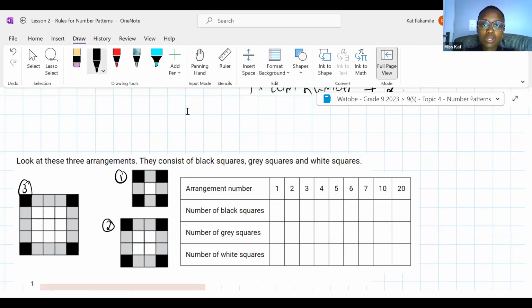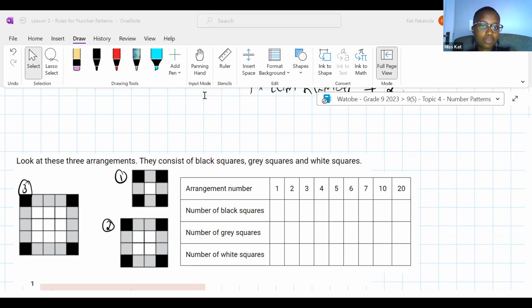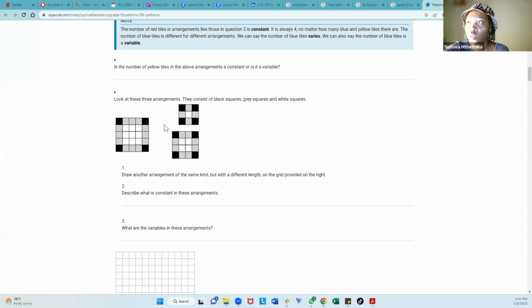So in arrangement number 1, tell me, guys, how many black squares do we have in shape number 1? Oh, let's look at gray squares.